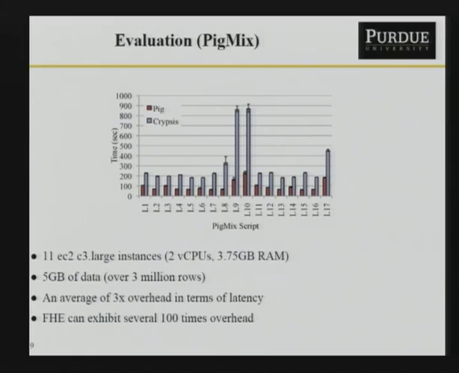And what we saw here is that the overhead was, on average, about 3 times compared to the time taken for the plain text data to be executed, which we think is a fair trade-off, since what we do happens entirely in ciphertexts, so it doesn't leak information. Anyone who compromises the cloud cannot see the input data, nor the output data. And if we were to do that in fully homomorphic encryption, the overhead would have been much, much larger.